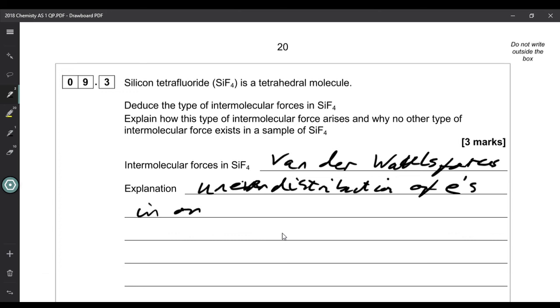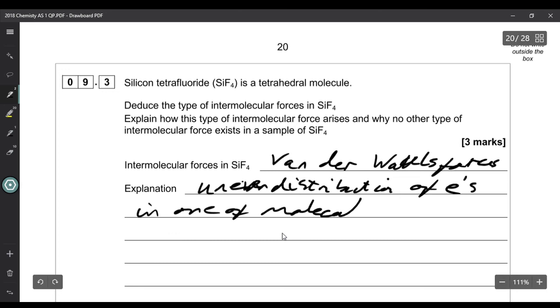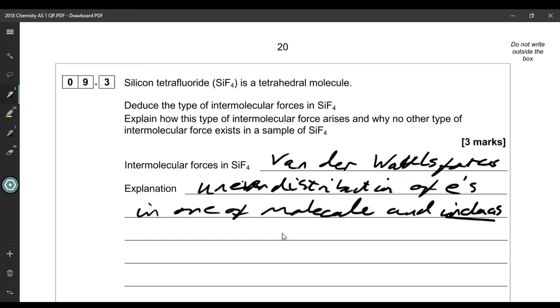The electrons are moving around, and at any one instant, one of the molecules will have this uneven distribution of electrons. And this induces, okay, so that's an important word to have in the answer, induces a dipole in a nearby molecule.